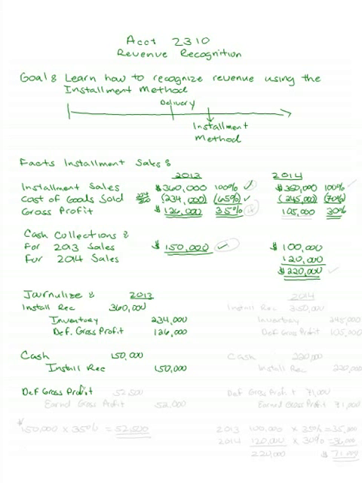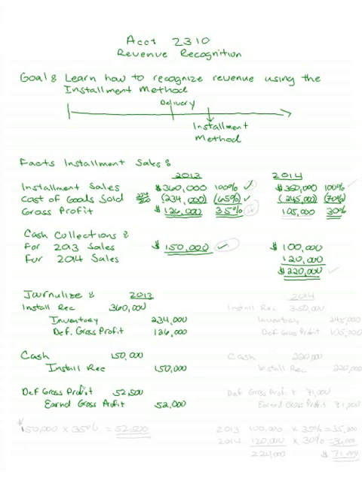35% of 150,000 is 52,500. So I'm going to put that in an account your author calls earned gross profit. An income statement account, a revenue account. It is net. It is not sales and cost of goods sold. It's just 35% of collections.